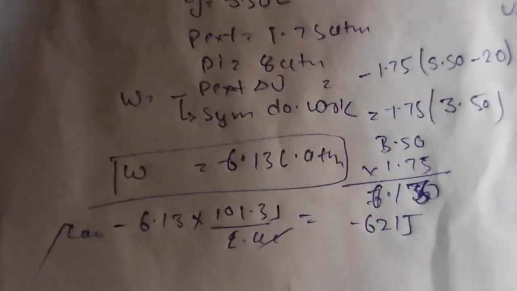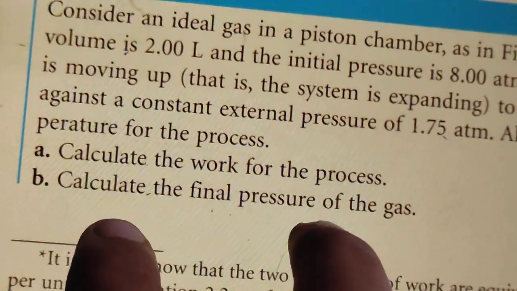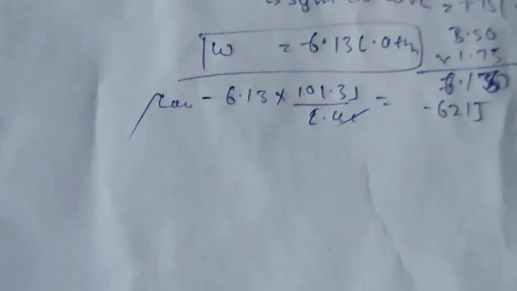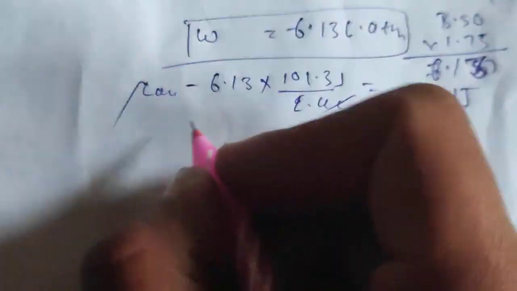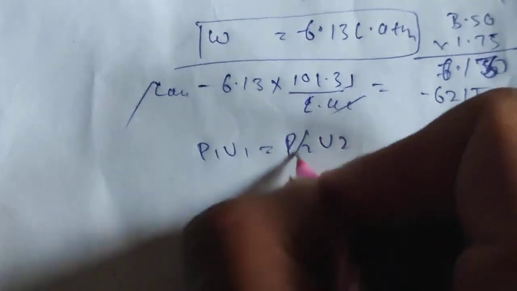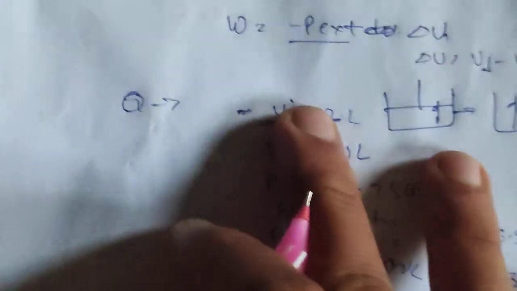Our second question, question number 2, is to calculate the final pressure. To calculate our final pressure we use Boyle's law, which is P1 V1 equals P2 V2. Here P final is the unknown, and P1 is our initial pressure.